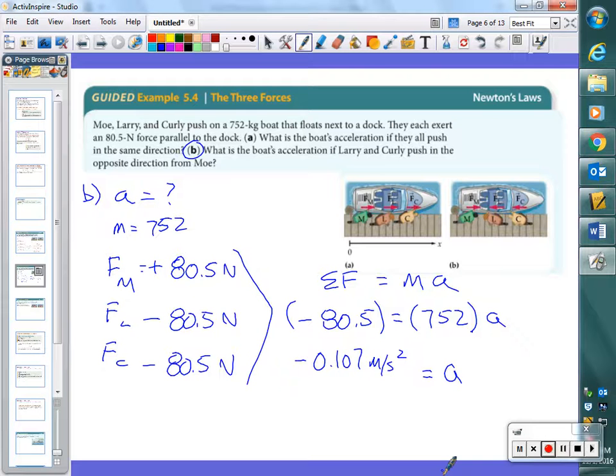All right. Question. Let's interpret our answer here. We got a negative acceleration. We kind of talked about negative acceleration in the previous chapter, and in a lot of cases, negative acceleration means what's happening to the boat.